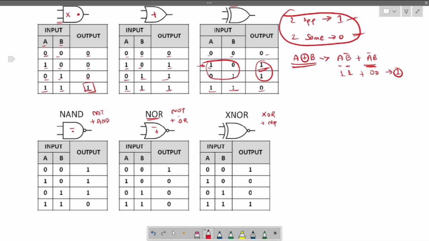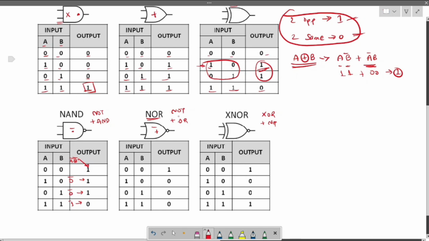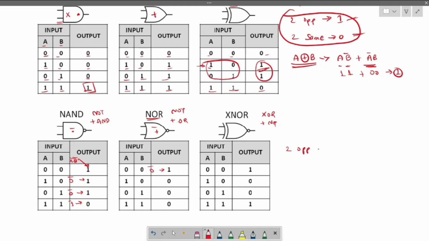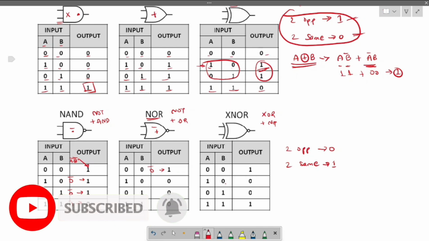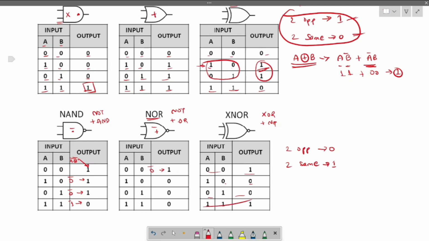First you find the AND, OR and XOR results, then take their opposites. For AND: 0 into 0 is 0, 0 bar is 1; 1 into 0 is 0, bar is 1; 1 into 1 is 1, bar is 0. In the same way for OR: 0 plus 0 is 0 but the opposite is 1, and so on. XNOR is the opposite of XOR: two opposites result in 0, and two same inputs give 1, the complement of XOR.